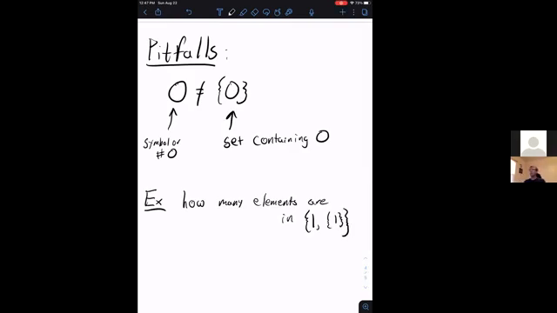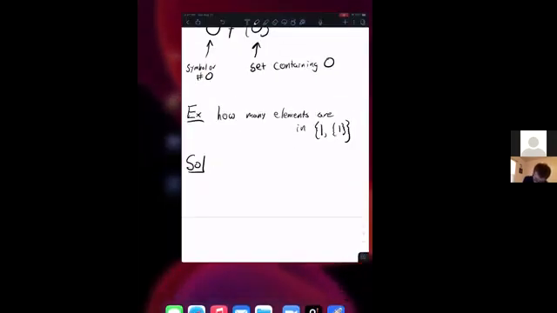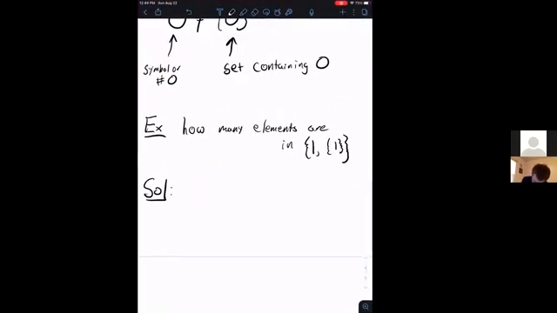Okay, that's really what we want to do, right? So the answer is 2. There are 2 elements. What are the elements? Well, we have 1 and the set whose element is 1.